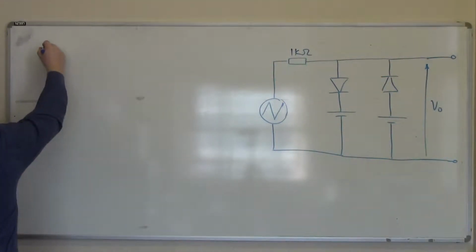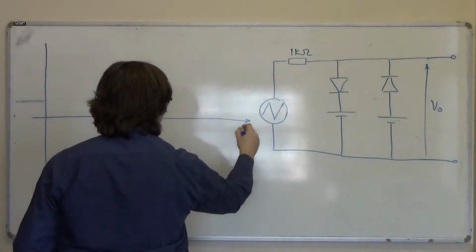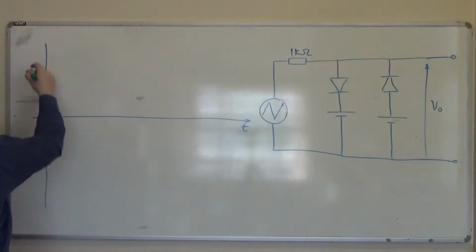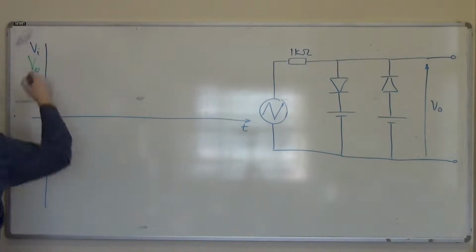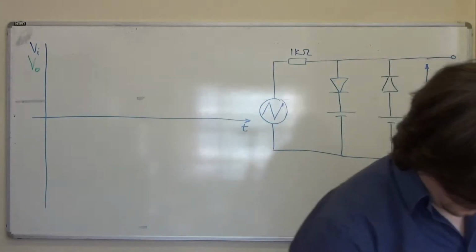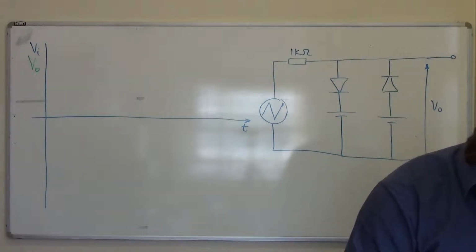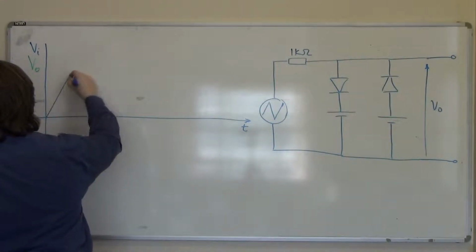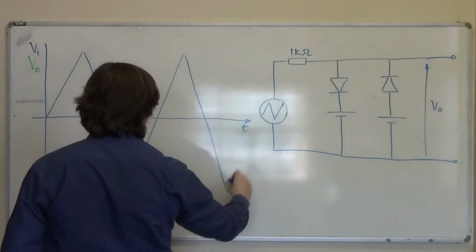So we'll draw a graph as usual. And we'll have time, and we'll probably end up with the V out, and we're going to have some V in, and our V in will be like this.